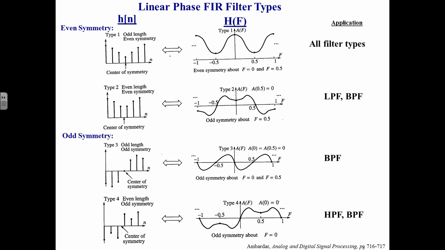And it turns out that the kinds of filters that you can produce, high pass, low pass, band stop, depends on that combination. Depends on whether your unit sample response is an odd length or even length, and whether it's even symmetric or odd symmetric around its center.